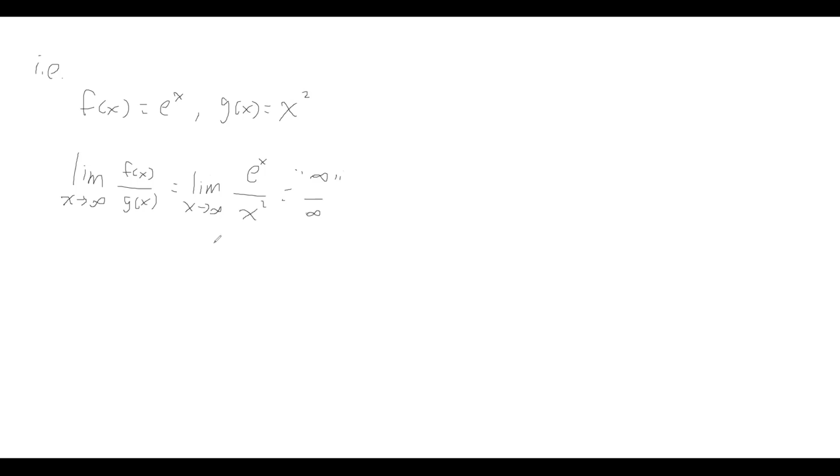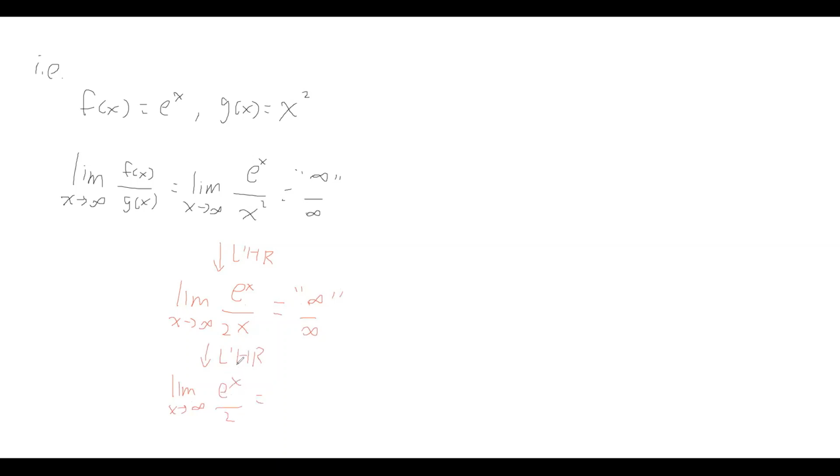So let's apply L'Hopital's rule, and then we have this. Take the derivative of the numerator and denominator separately. We have e to the x over 2x. Now again, when you evaluate this, you still get infinity over infinity, which is still an indeterminate form. And by L'Hopital's rule, we can apply this again. So the limit as x approaches infinity, e to the x over 2.